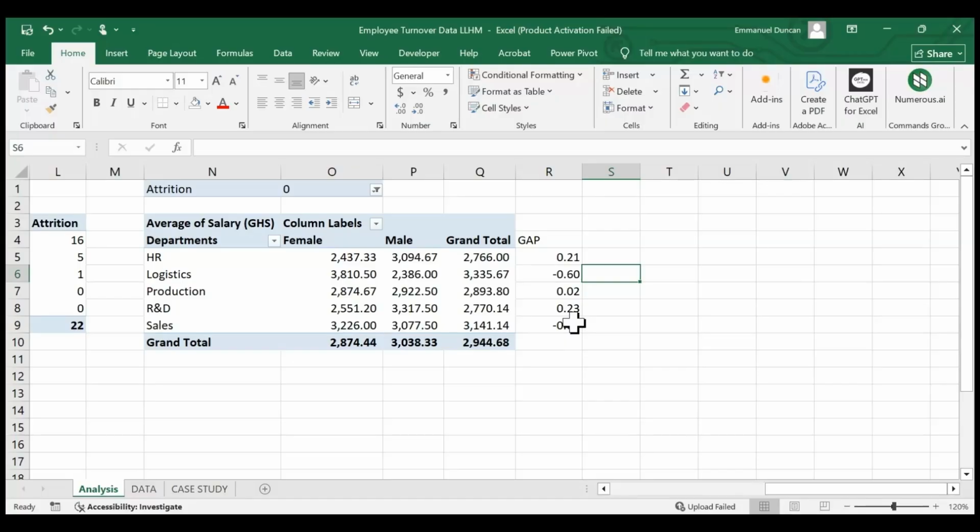The same applies to the research department, where 23% of the salary being paid to these employees favors the male. And with the sales department, we can also see that 5% favors the female.